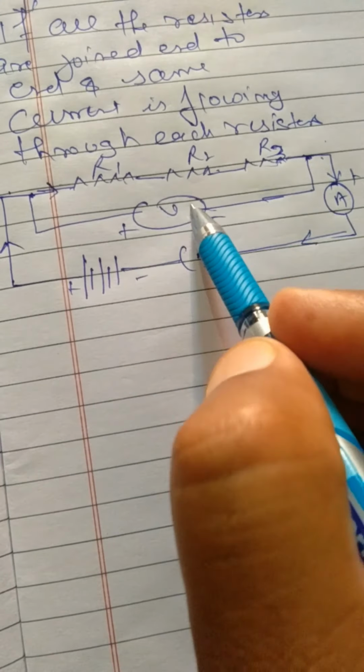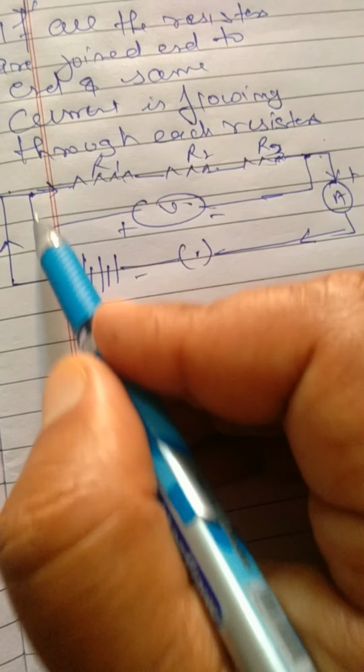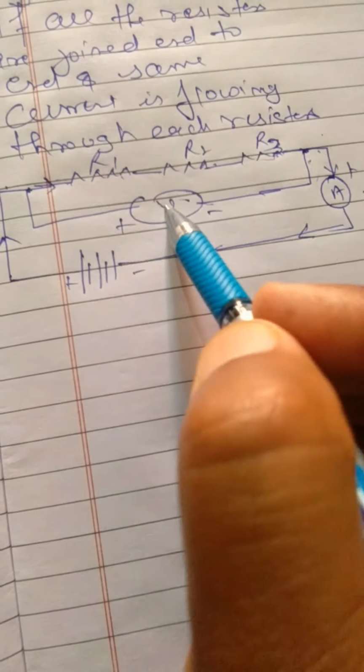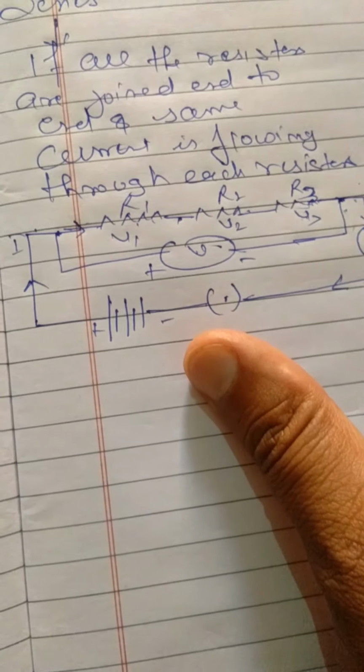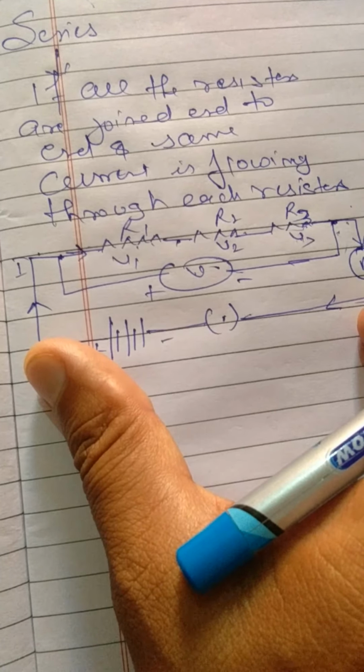Same current will flow through each resistor, and because voltage is applied across, the voltage will be different across each resistor. From this one this is V1, across here V2, across here V3. These are different voltages across each resistor. Such combination of resistors is said to be in series.